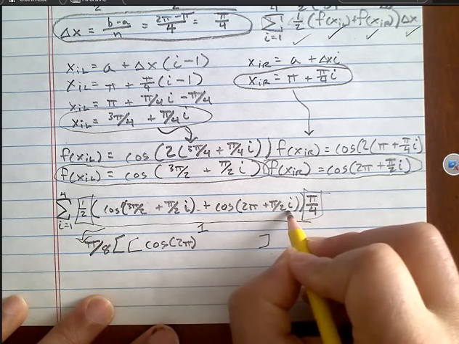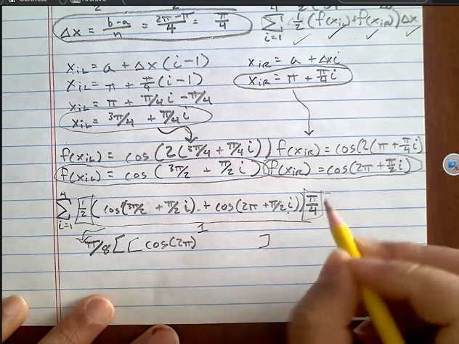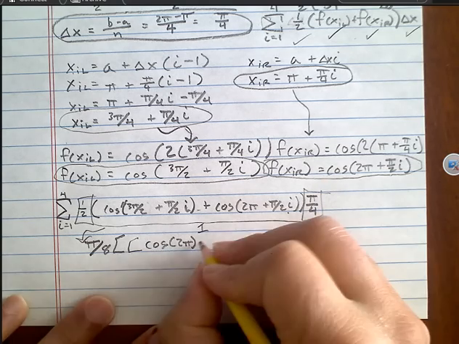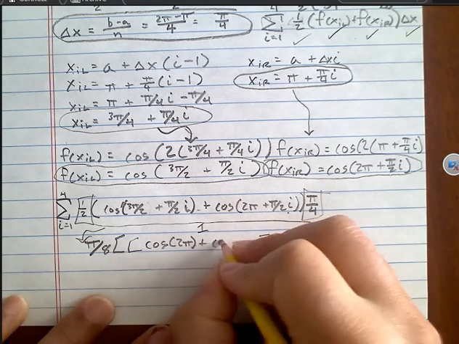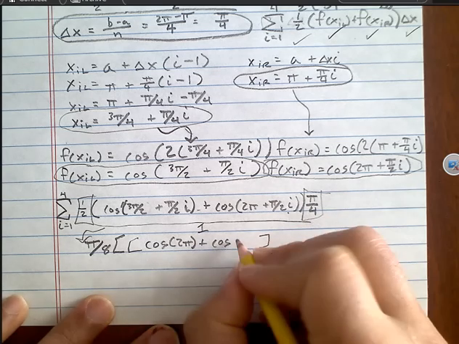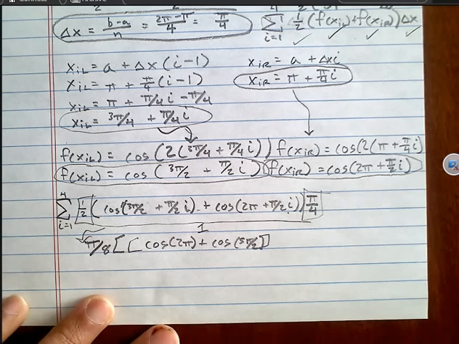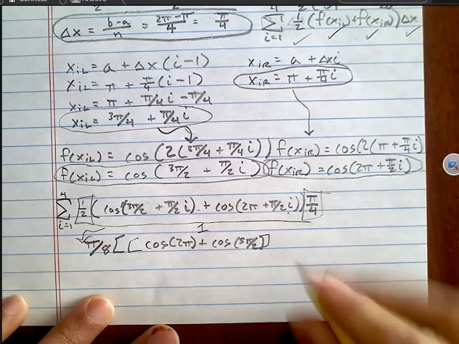That's cosine of 5 pi over 2, and the cosine of 5 pi over 2 is really the same thing as the cosine of pi over 2. Alright, so we got that one.